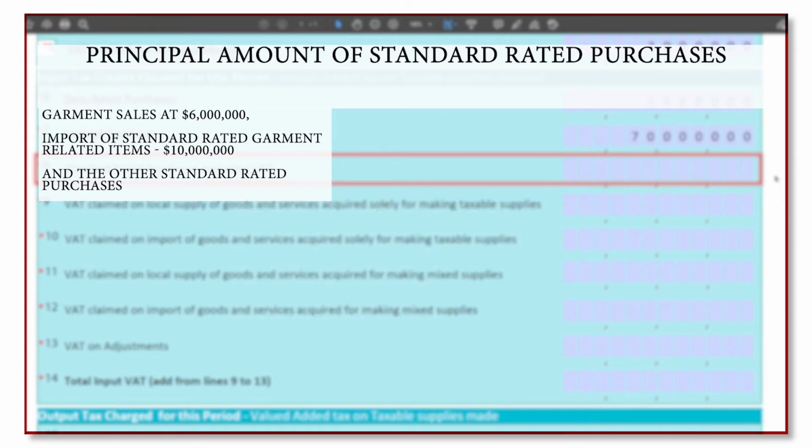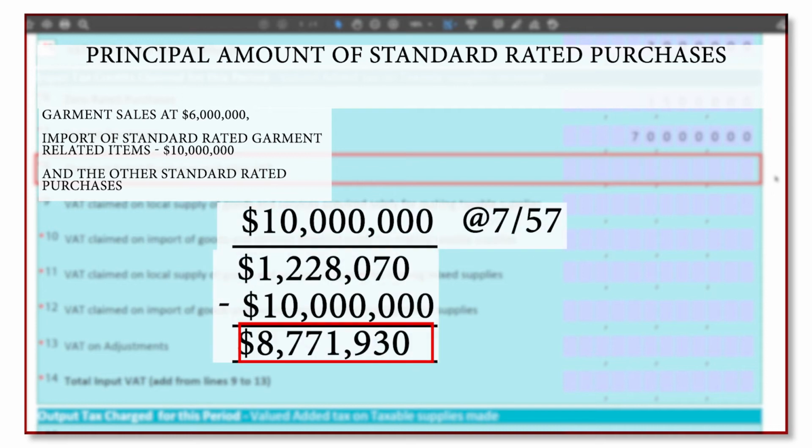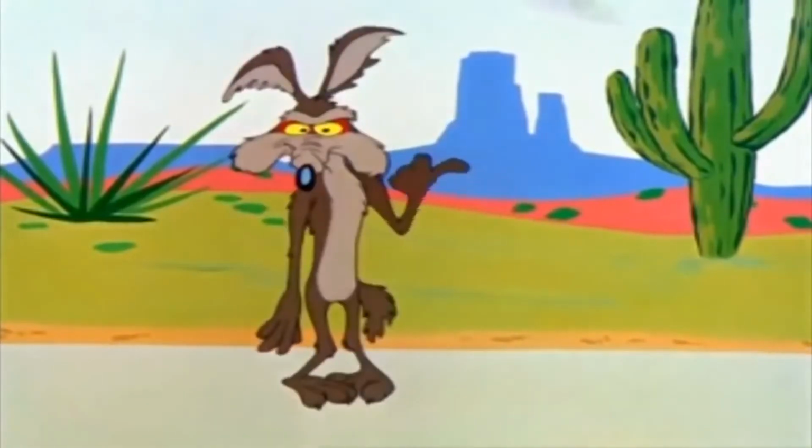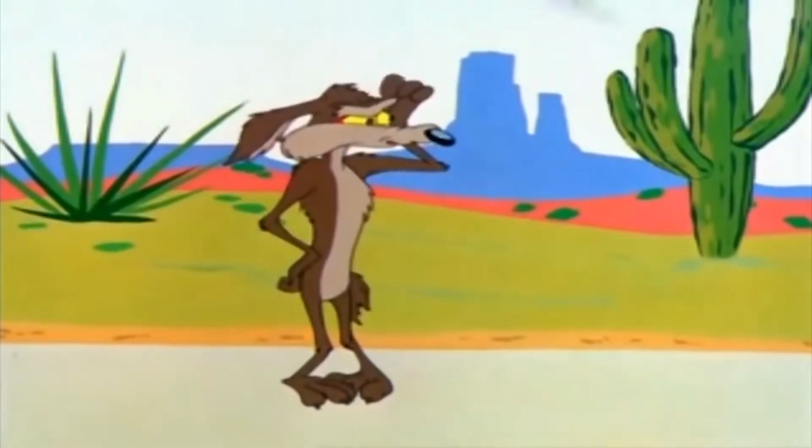Likewise, for $10 million, it will equal $8,771,930. The principal VAT is stated for the other standard-rated purchases, therefore we include $180,000. Then when we add all the principal figures together, we will get a total for line 8, which is $14,188,088. It is that simple.